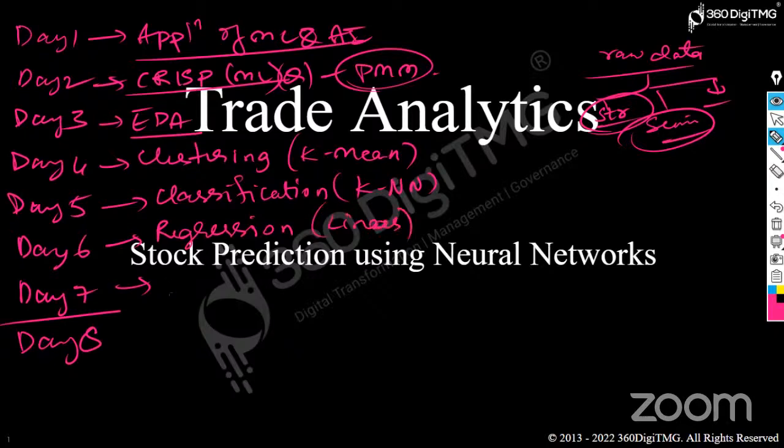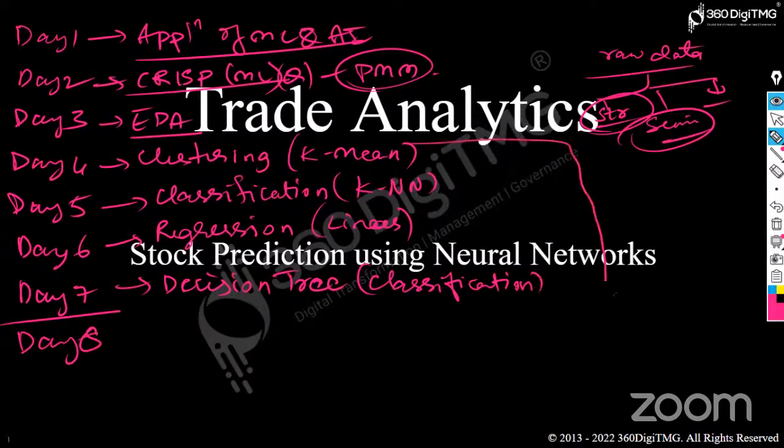And then we started discussion with regards to decision tree, which is again classification. So today, this is all with respect to the machine learning models.